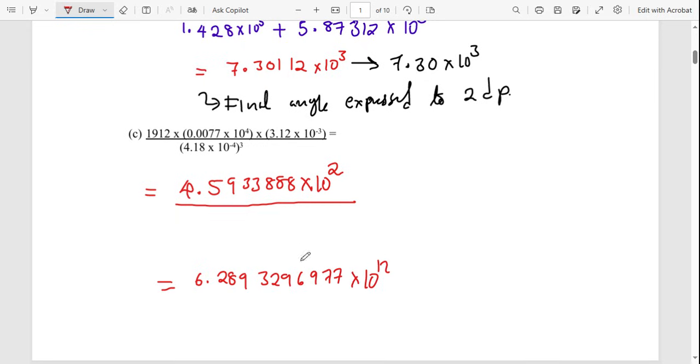Okay, let me now do what I wanted to do. So in the denominator, just put in brackets 4.18 times 10 to the power negative 3, and then raise that answer. Oh, sorry, it's times 10 to the power negative 4, isn't it? Negative 4. And then raise that answer to the power 3.